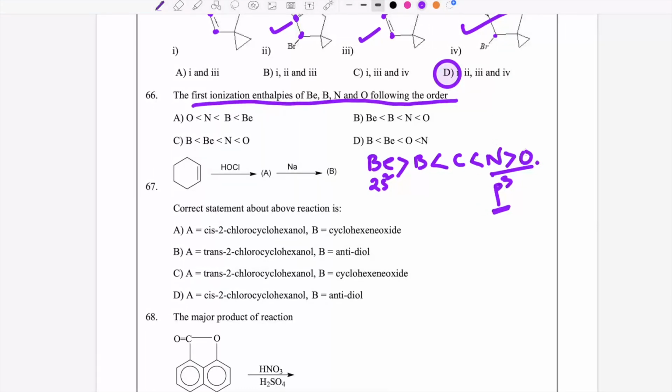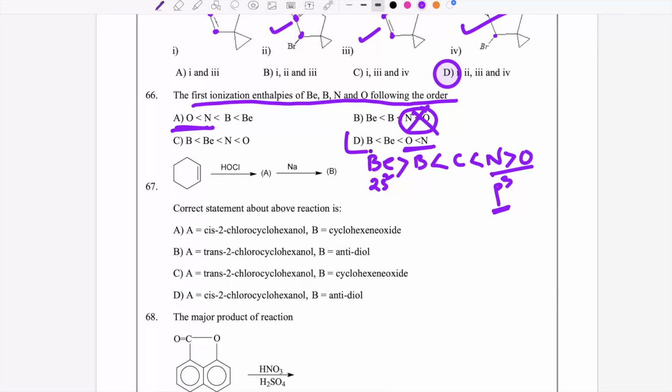So where do we see this condition? There are two conditions where this is not a correct option. This looks correct. Even this also looks correct. Right? So both are looking correct. But obviously beryllium is bigger. Beryllium is bigger, so therefore beryllium must be less than oxygen.